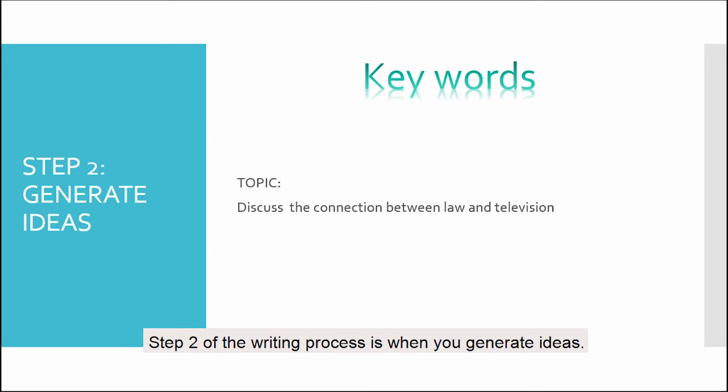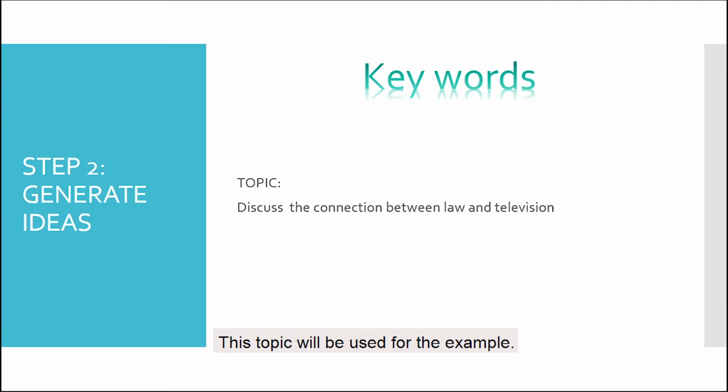Step 2 of the writing process is when you generate ideas. As you can see, step 2 is always done in keywords. Now the topic I'm going to use for an example is discuss the connection between law and television. Okay, so the first example that I'm going to give you is the method of free writing.